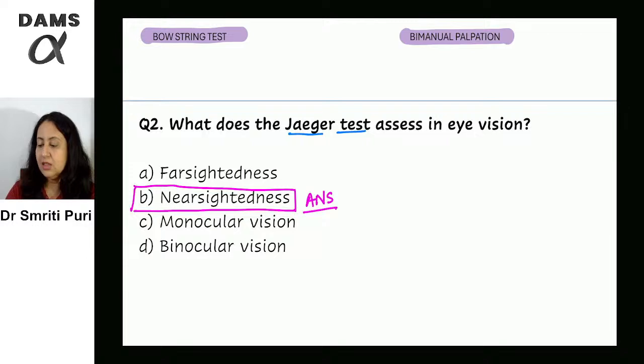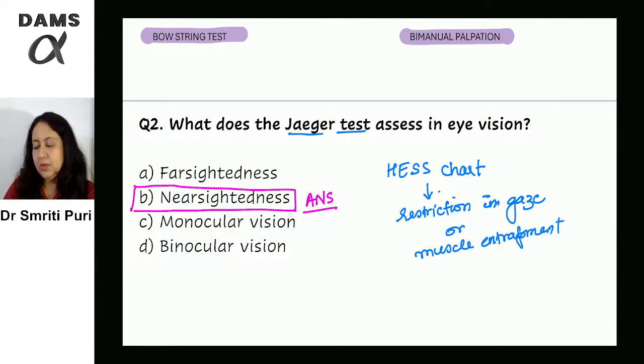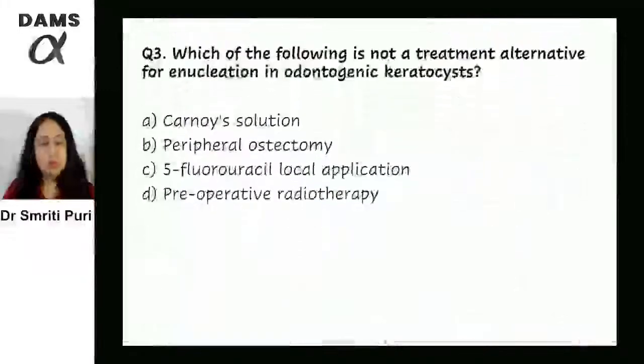The other one that we are supposed to know as a part of our trauma is a Hess chart, and we all know this is used to assess restriction in gaze or muscle entrapment. Please remember these 3 charts and what they are used for. Let's move on ahead to the next question.